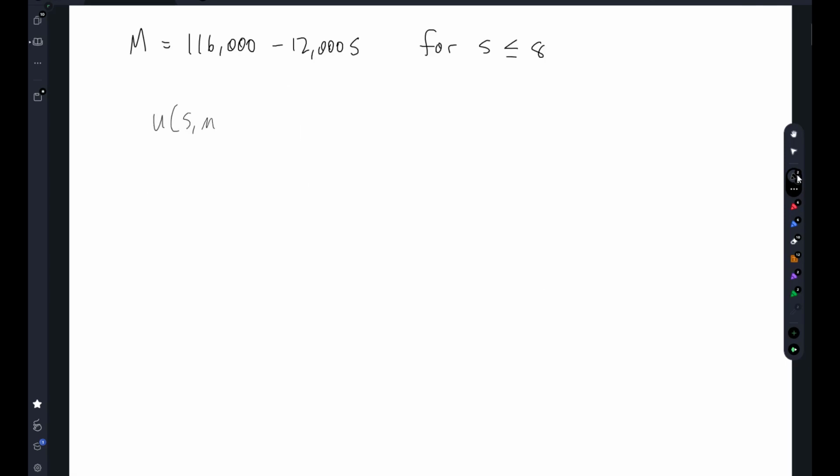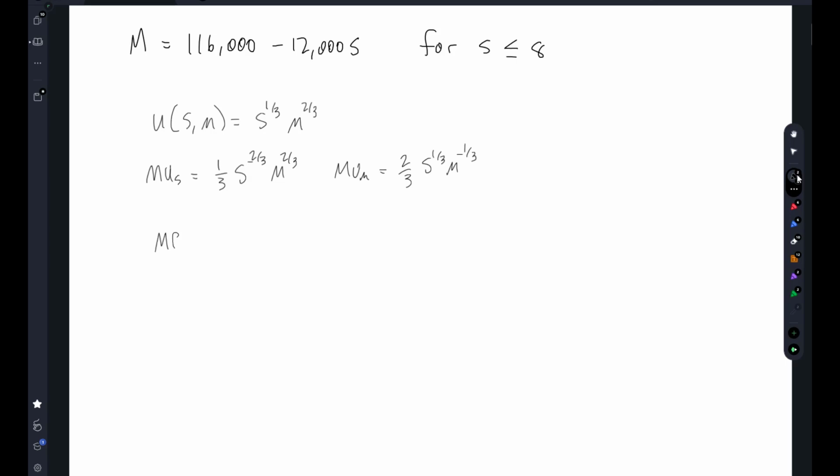U of S, M equals S to the 1/3 M to the 2/3. To maximize utility, we're going to calculate our marginal utilities. So marginal utility of shirking, we take the partial derivative of the utility function, so the 1/3 comes down, S to the negative 2/3 M to the 2/3, and our marginal utility of income, again, take the partial derivative, this time with respect to M, we get 2/3 S to the 1/3 M to the negative 1/3.